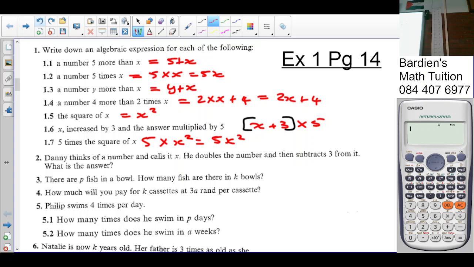Okay. Daddy thinks of a number and calls it x. He doubles a number. So what do I do with the number there? X multiplied by 2, which is also 2x. Not so? He doubles a number and then subtracts 3 from it. Minus 3.